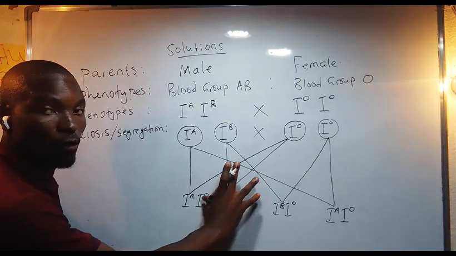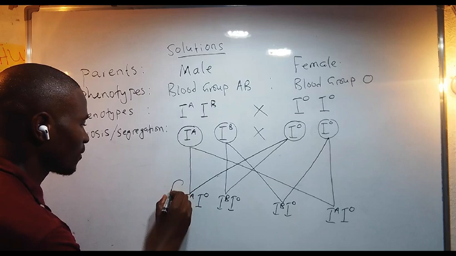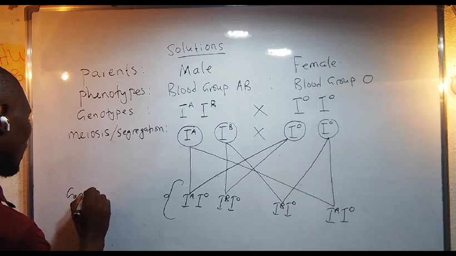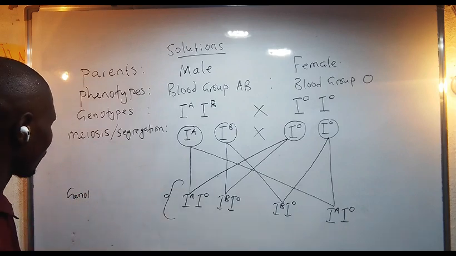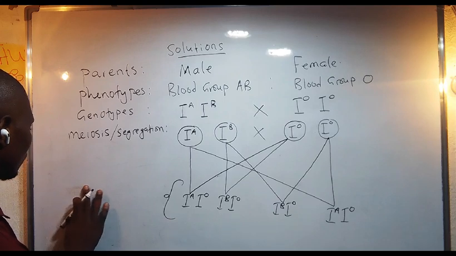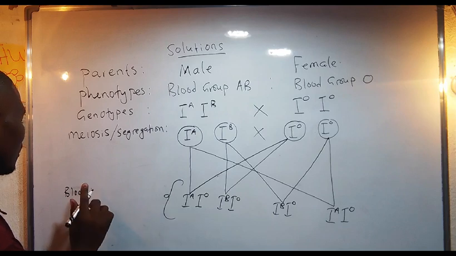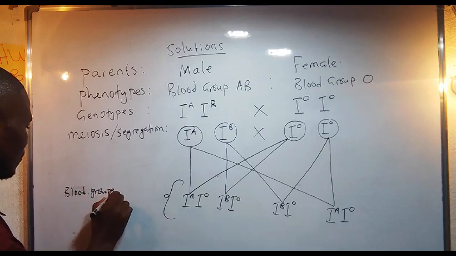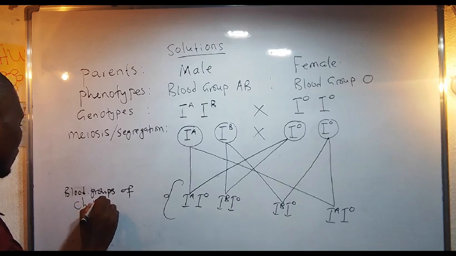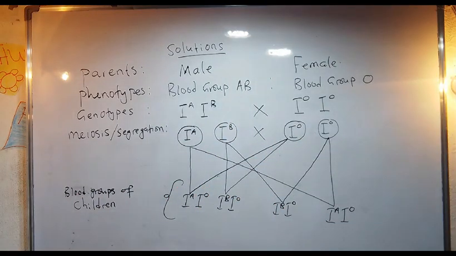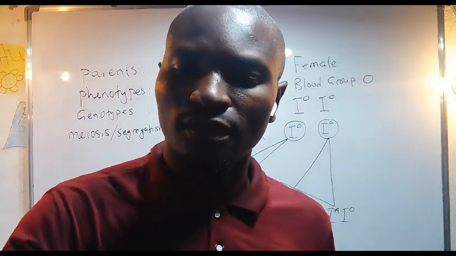So now what we have actually obtained, this part is what we call the genotypes. Should I say blood groups. Blood groups of that.